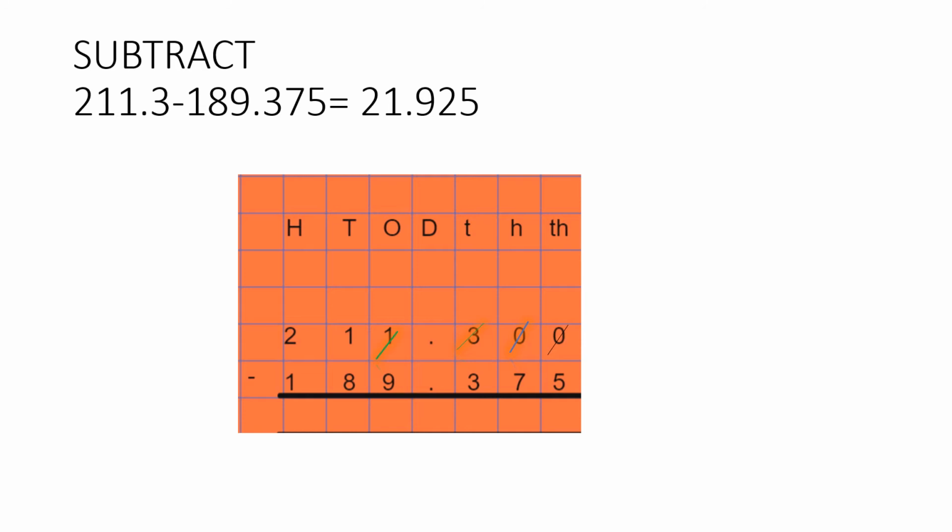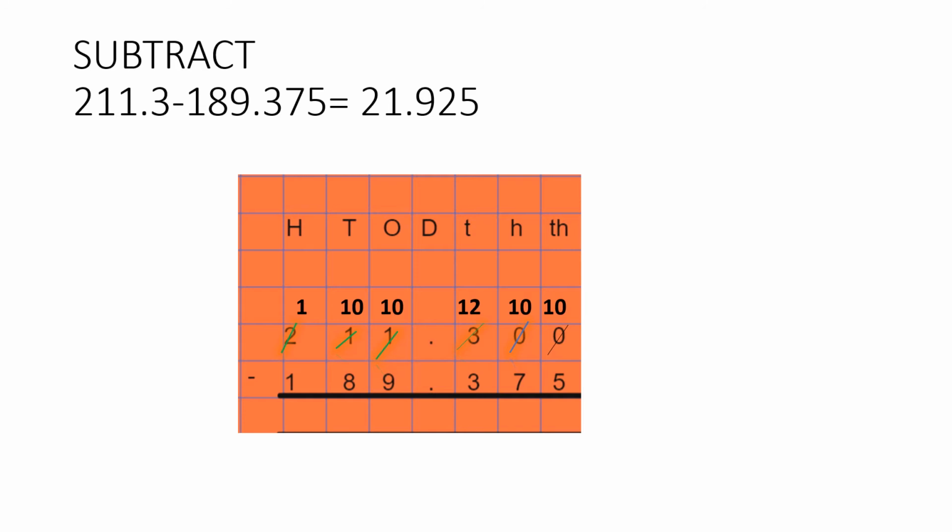And from this 1 we can't subtract 9, so we will borrow from the tens. There is only 1 ten, so when this 1 ten gives 1 to the ones, it will remain 0. Let us see what the numbers became after borrowing.